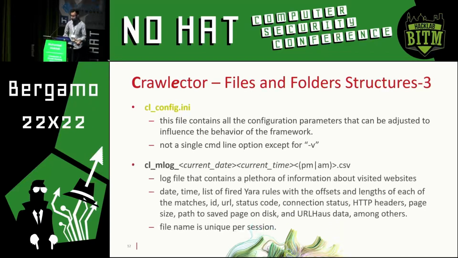Now, the logs, like the results of the scanning, are saved per session, according to this file format. It includes information such as any URL rule that I've triggered, the offsets where it triggered on the page, the length of the trigger, the list of HTTP headers, hashes, the LSH hash, the URL itself, ID, URL house.